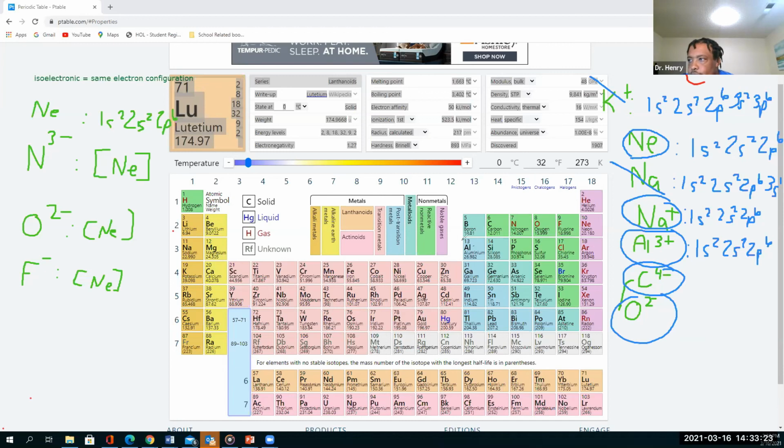And if you look where aluminum's at, it loses 3 electrons. 1, 2, 3. Oh my gosh, it's the same as neon. And then if we add 4 to this guy, 1, 2, 3, 4, same as neon. If we add 2, 1, 2, oh, same as neon. Okay, so that's an example of isoelectronic.